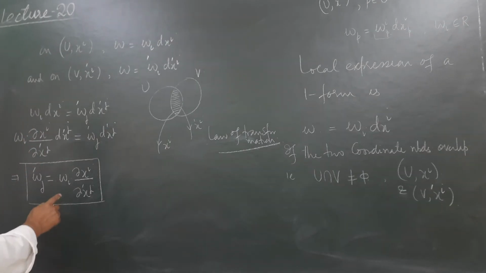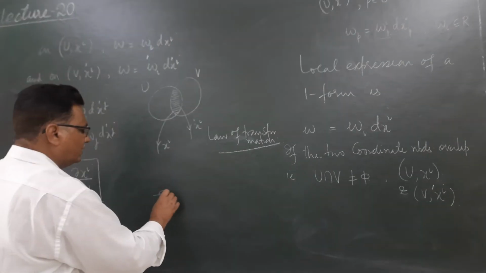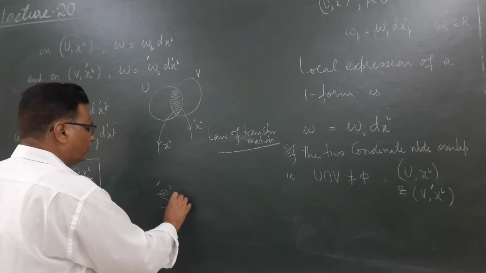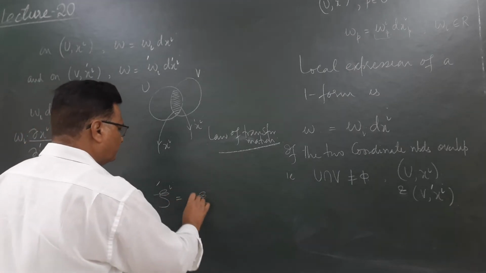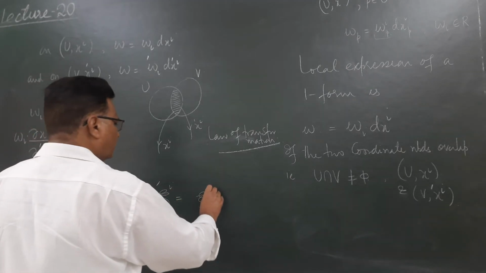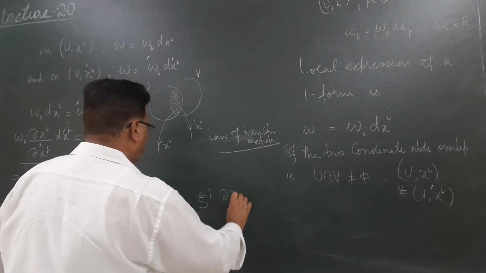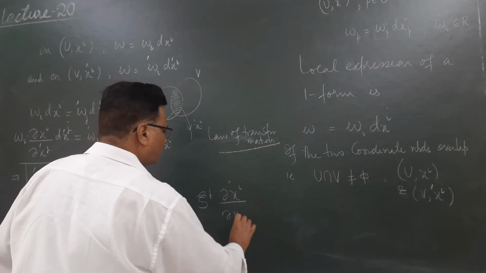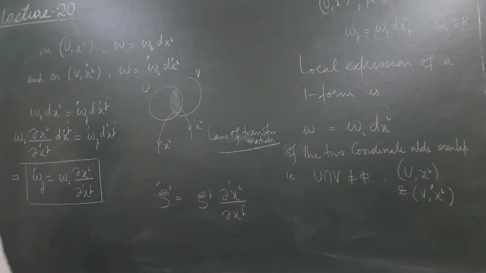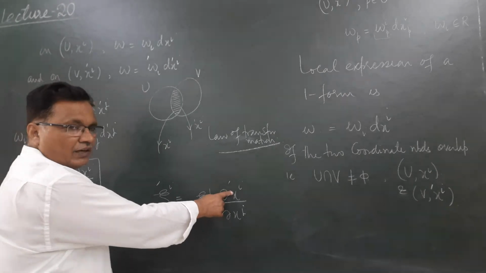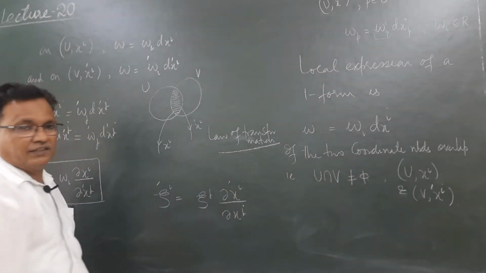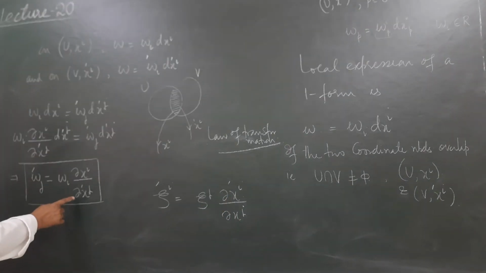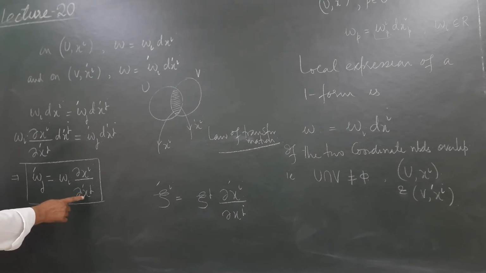In that case the xi'^i क्या था? xi'^i was equal to xi^j delta x'^i upon delta x^j. ये था law of transformation. In this case dashes are coming up, non dashes are down. Where it is just opposite, dashes are coming down and non dashes are up.